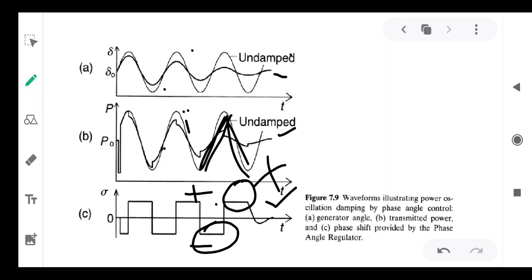When it is decreasing, you provide the positive sigma, so that the power angle curve can be controlled dynamically, such that it will provide the power oscillation damping for the system. Similarly, other controls.